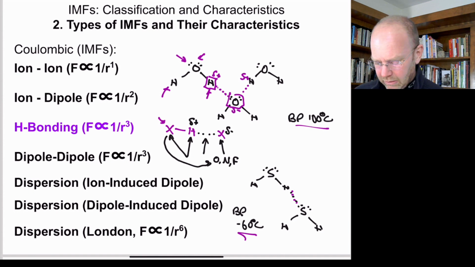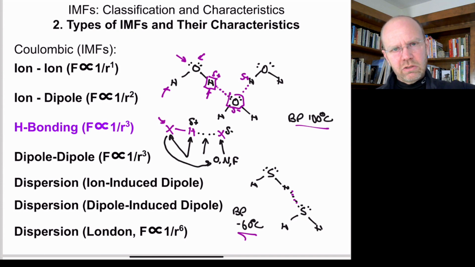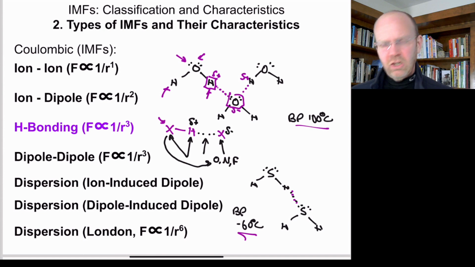Those bonds between adjacent molecules are so much weaker, it's really easy to bring an H2S molecule, a hydrogen sulfide molecule, into the gas phase because it's so weakly held by its neighbors. It occurs at a much, much lower temperature, right? 160 degrees lower. That's an enormous difference in temperature.